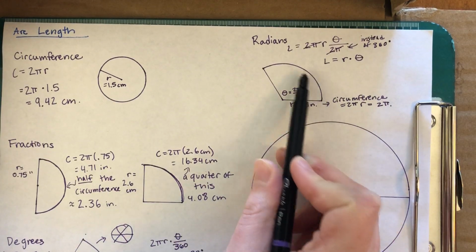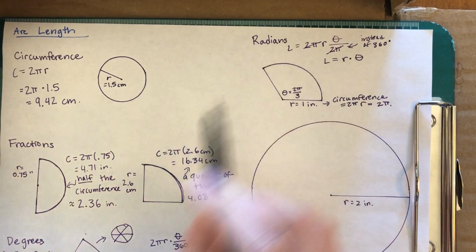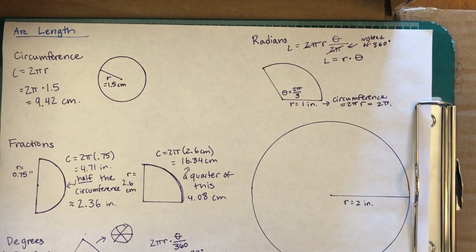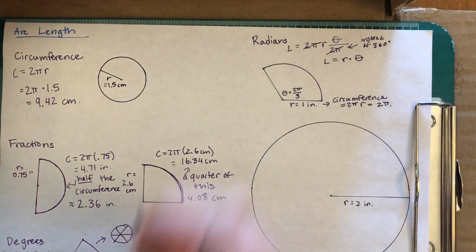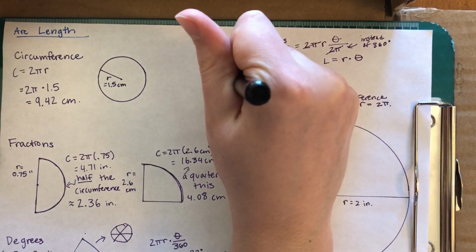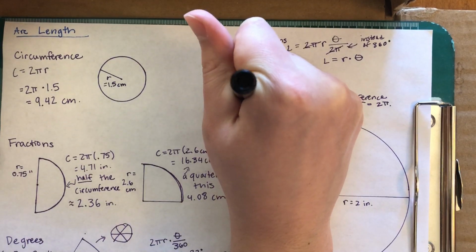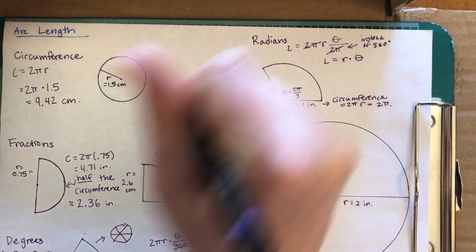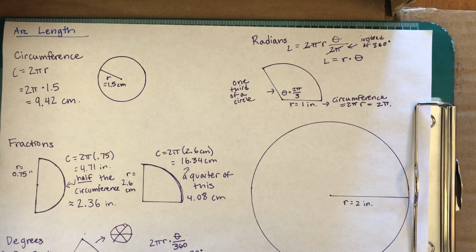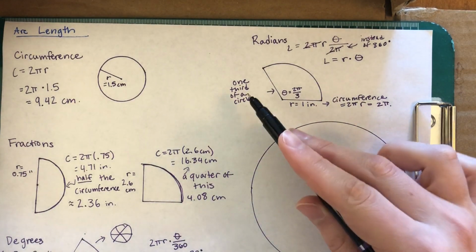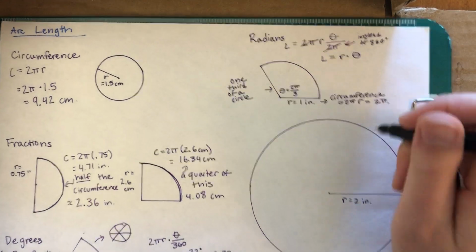Now if I want to know how long is this curve, my angle is 2 pi over 3, meaning it's 1/3 of a circle. 120 degrees would be another way to write that. So my circumference is 2 pi. I need to find 1/3 of that, so I'll just divide it by 3.